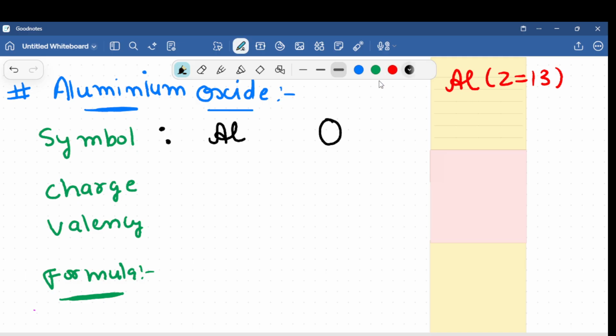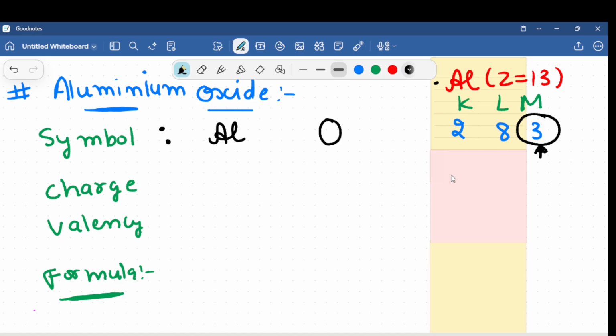So if we see the electronic configuration of aluminium, K shell will acquire 2 electrons, L shell will acquire 8 electrons, and M shell will acquire 3 electrons, right? And we can see that aluminium is a metal, so aluminium will lose its valence electrons, right, to follow octet rule.